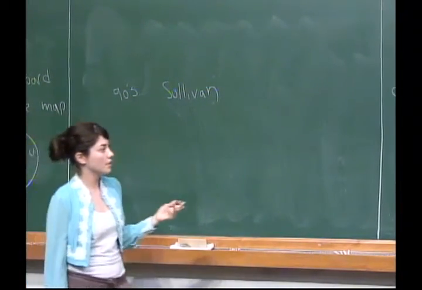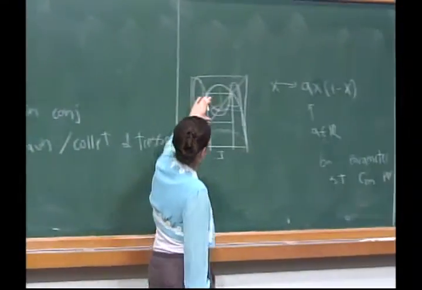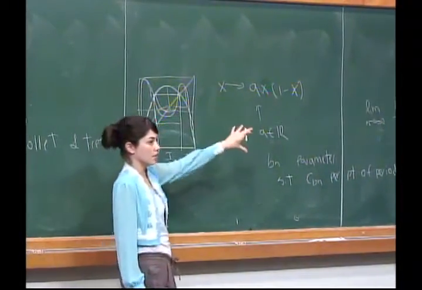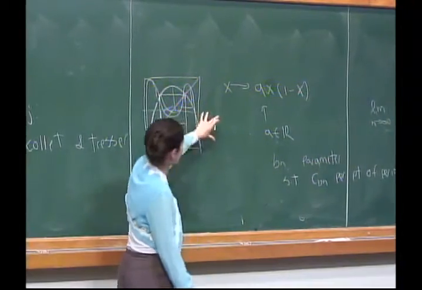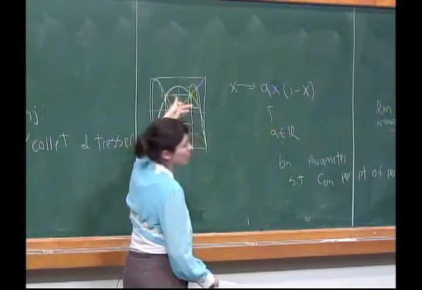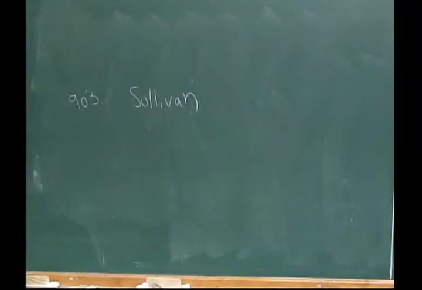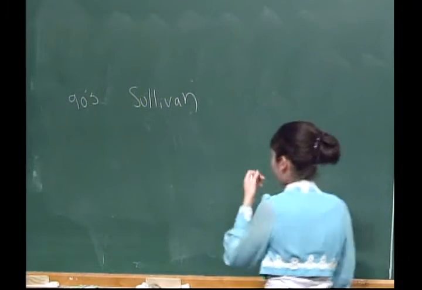And the idea is to study the map that rescales this map again to a map that looks exactly like the original one. So you just rescale this interval 0, 1 again and flip it. So it's the map that is sending these restrictions to maps that are in the original family.